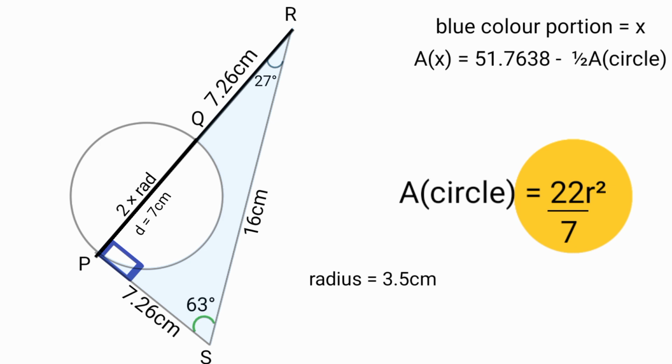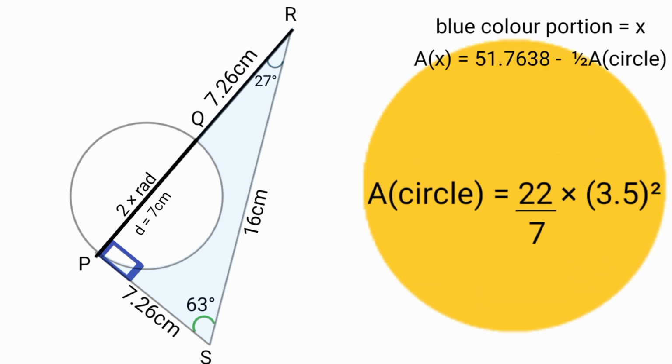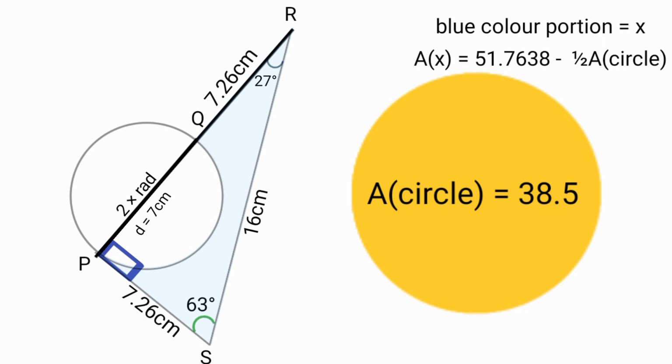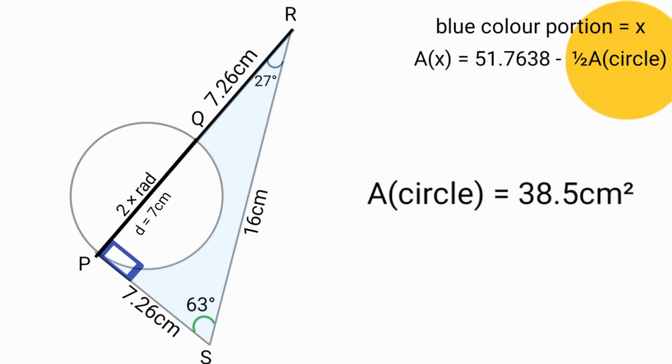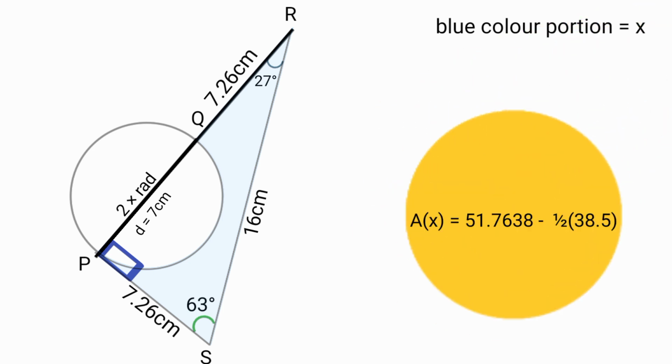Substituting it here to find its area, area equals 22 over 7 times 3.5 squared, which is 38.5. So area of circle equals 38.5 centimeters squared. Substituting it here now, area of X equals 51.7638 minus 1 over 2 times 38.5. 1 over 2 times 38.5 is 19.25.